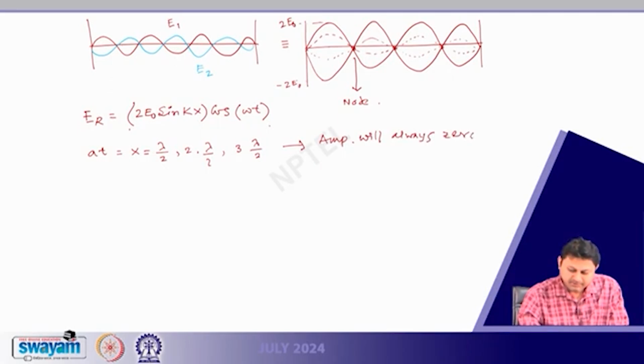That is, irrespective of the time, the amplitude of these points will always be 0. These are the points where it happens, because at those points the sine value goes to 0.